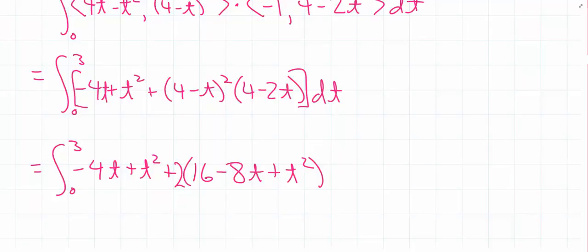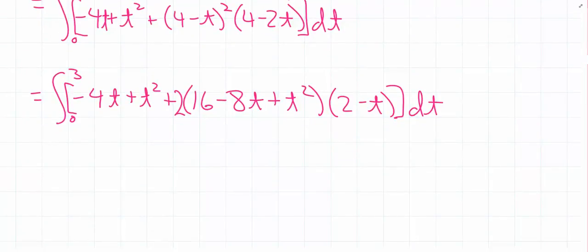Put it right there. And then this is just going to be 2 minus t. I factored a 2 out of there and just put it in the front, right? It wasn't really necessary. I just didn't want to keep having to multiply. I want to make my numbers smaller.